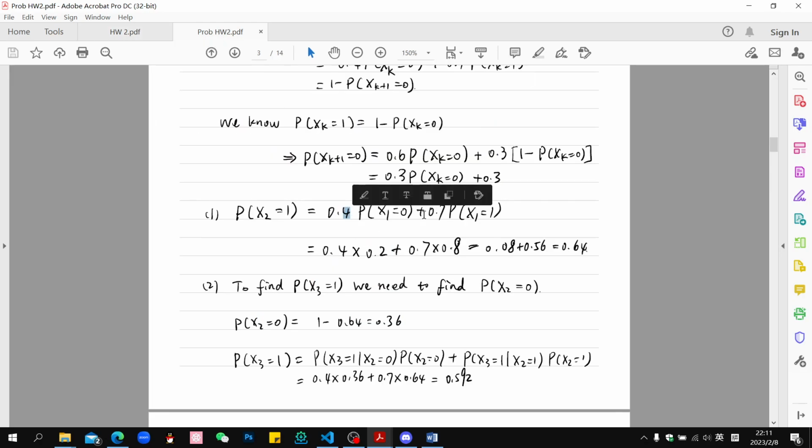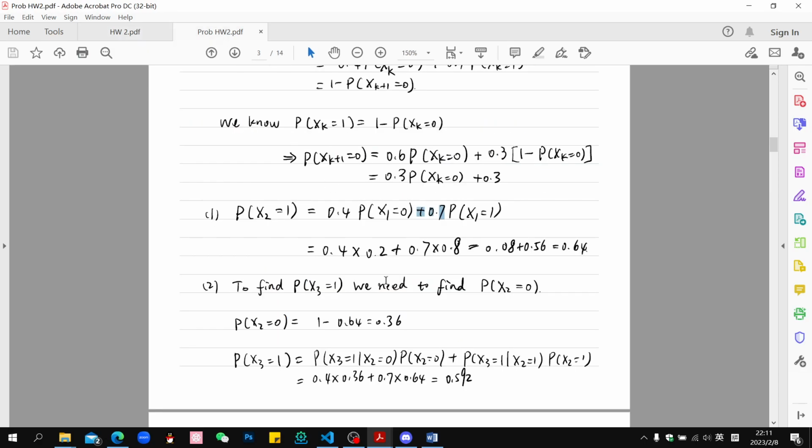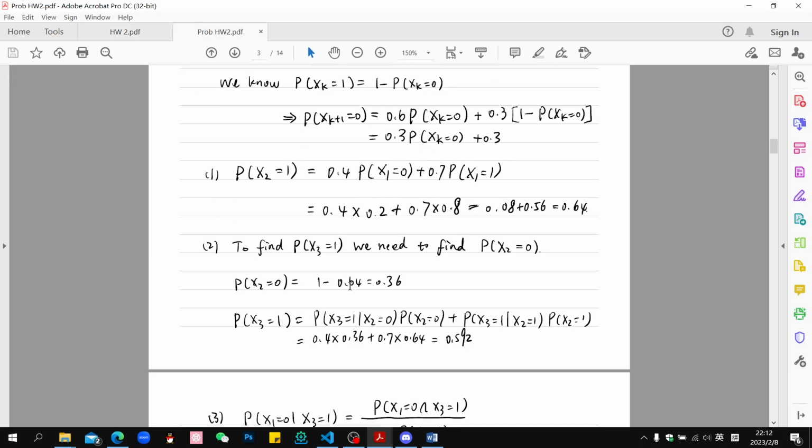Here, these numbers are in reference. So that is basically 0.08 plus 0.56, and it adds up to 0.64. The second problem, we have to find the probability of x3 equals 1.